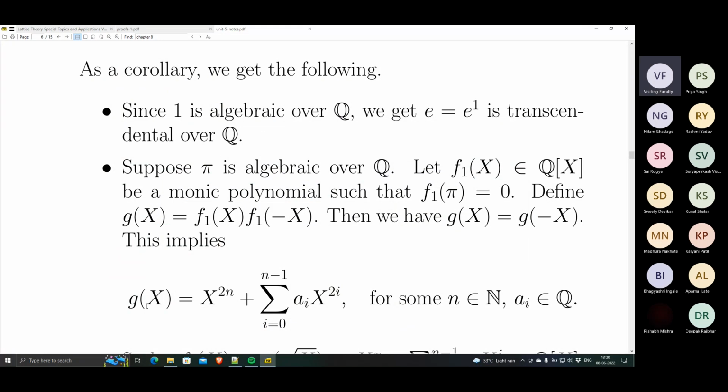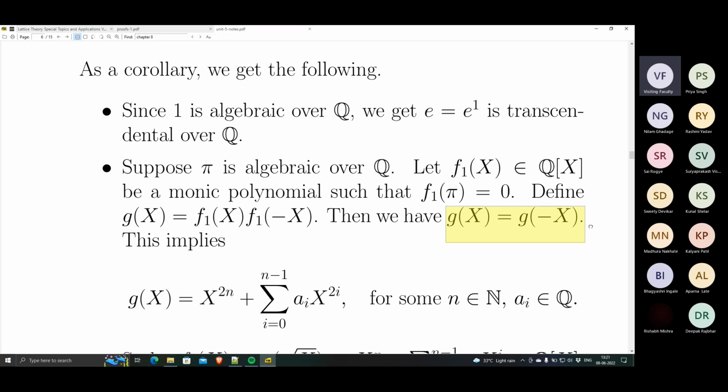So g of x will have this form: x raised to 2n plus summation i going from 0 to n minus 1, ai x raised to 2i. So the monomials appearing are just x raised to 0, x squared, x raised to 4, x raised to 6, x raised to 8, and so on up to x raised to 2n. Odd powers like x cube, x raised to 5, will not occur because of this property.